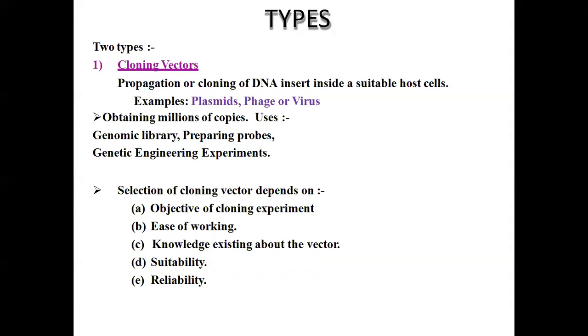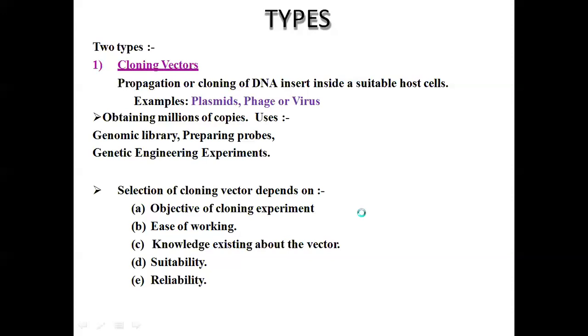Selection of a cloning vector depends on several factors. How will you select, because there are lots of cloning vectors based on your gene? Your objective of the cloning experiment should be the criterion, then the area of working, then existing knowledge about the vector, then suitability and reliability. Keeping these things in mind you can select the vector.